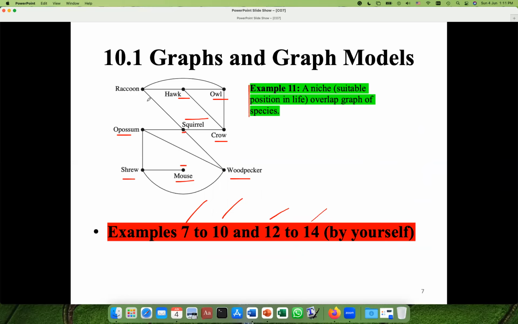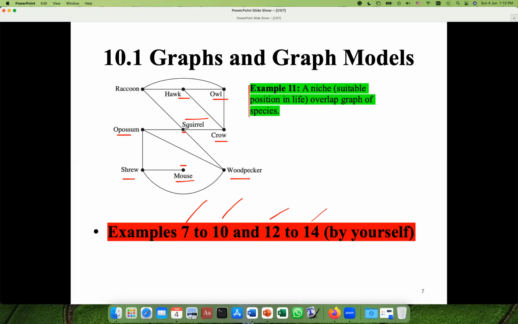Degree is representing the competition for resources between different species. For example, here raccoon is competing with owl, hawk, and squirrel for the resources available in the ecosystem.